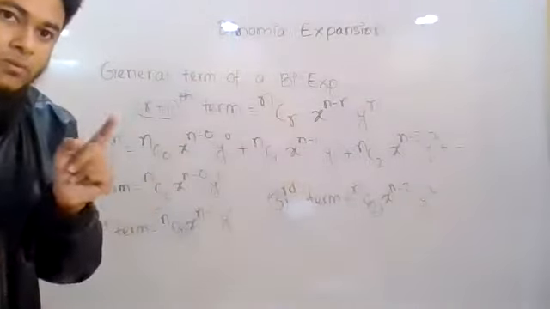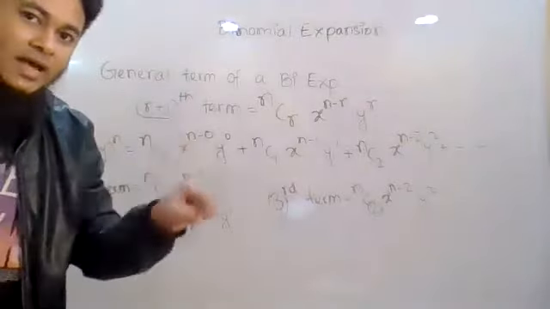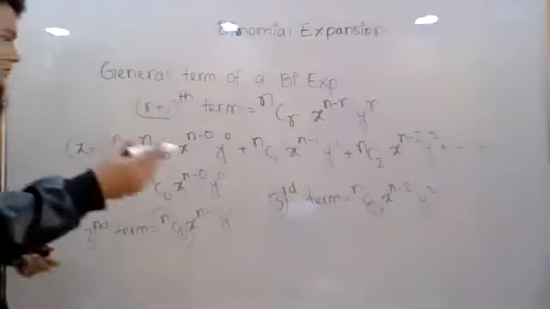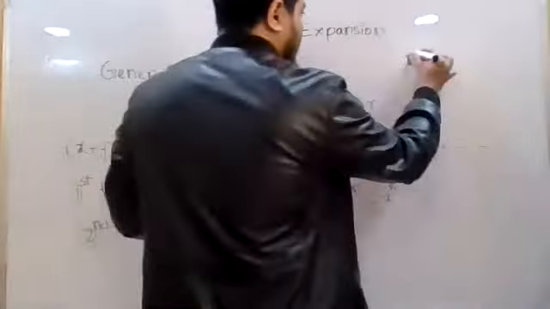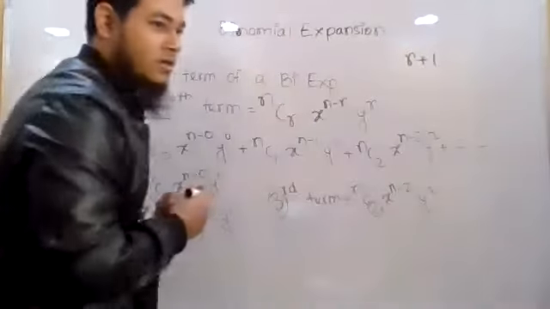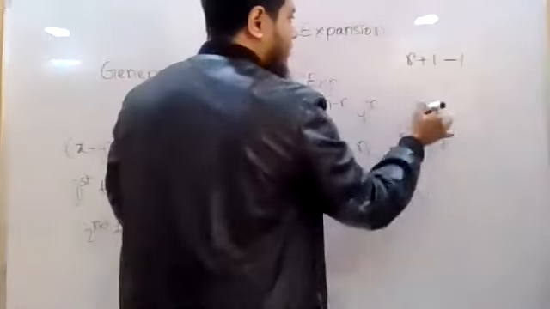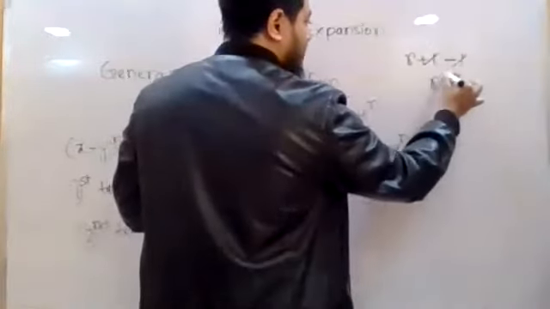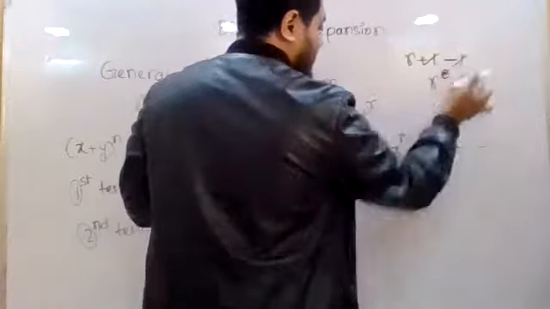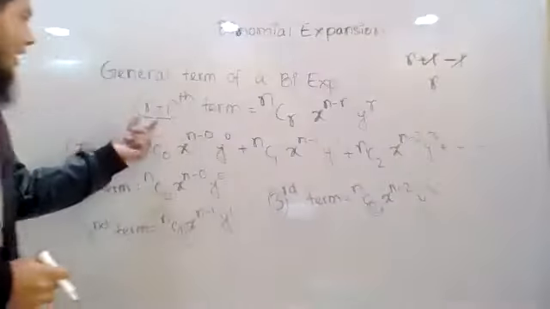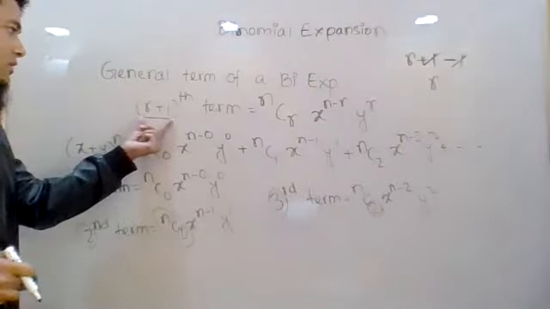If it is confusing to anyone, we have r plus 1, we need 1 less than r plus 1. 1 less means we will subtract 1, so plus 1 minus 1 will cancel each other, so it will be r, right? That is why I have considered this r plus 1 term, so that I can write r over here.